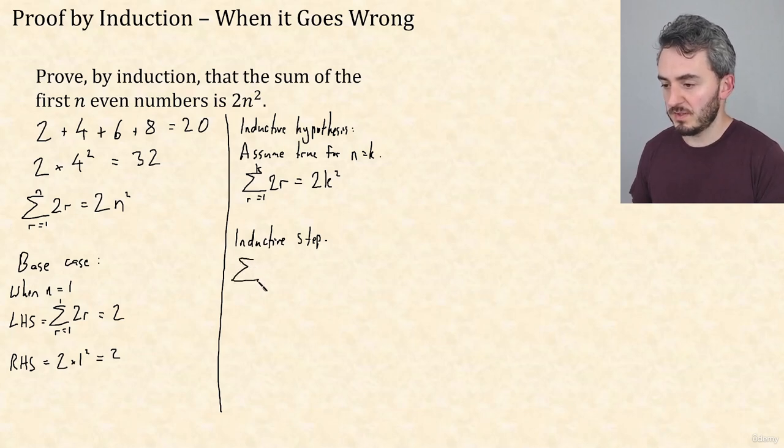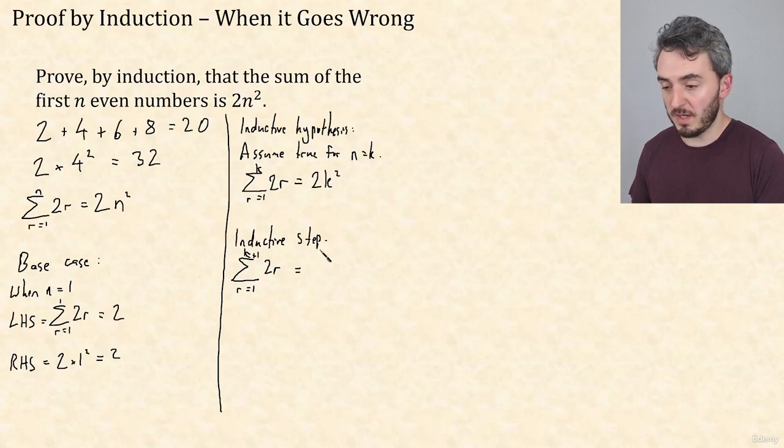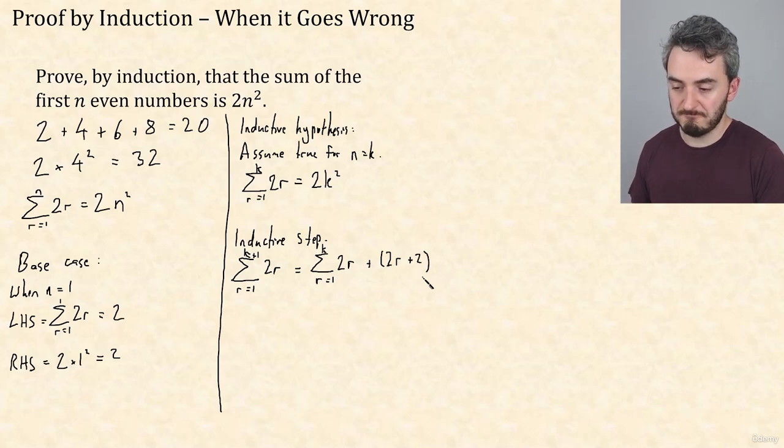We're exploring the sum from r equals 1 to k plus 1 of 2r. And we know that the sum of the first k plus 1 even numbers is the same as the sum of the first k even numbers plus the next even number, which is just 2k plus 2.